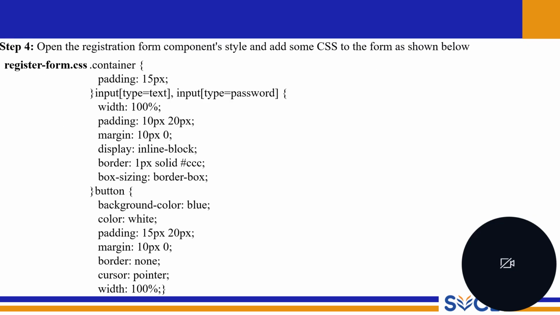In step 4, you have to open the registration form component style file and add some CSS to the form as shown below. So you have to give the background color, then padding, margin, border, width, display, box sizing, all of that you have to give.